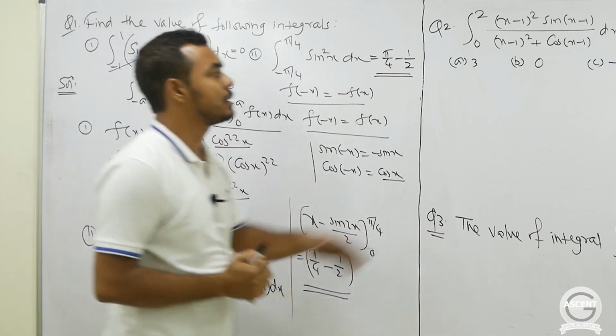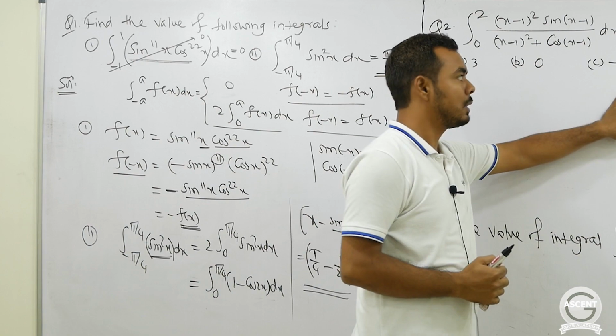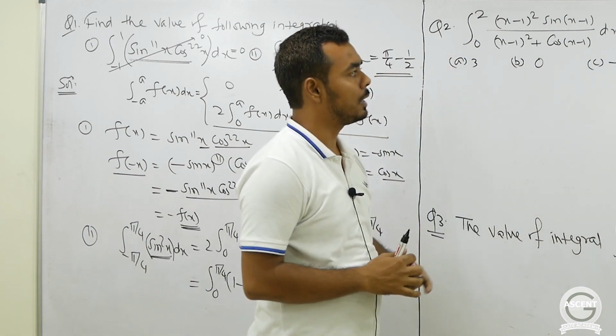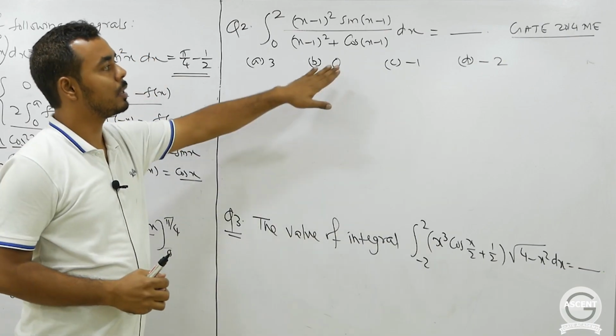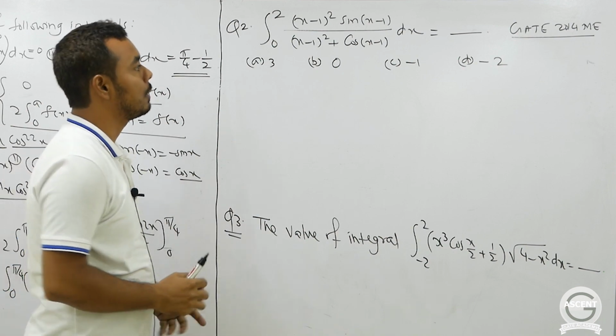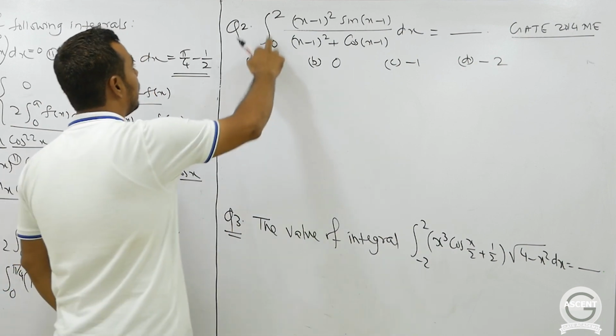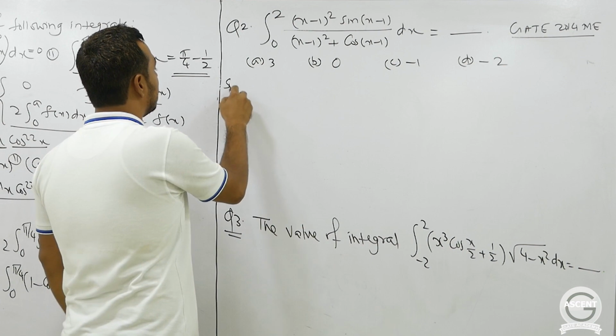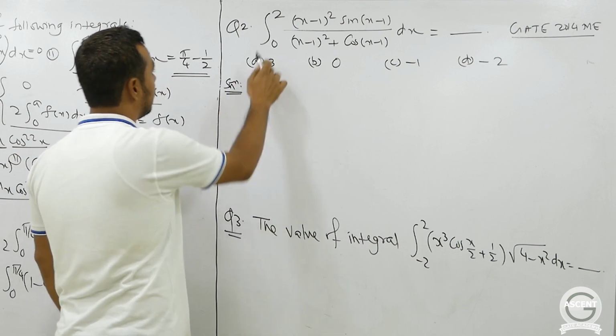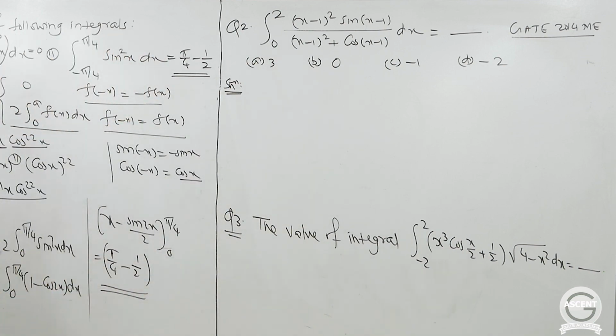The second one is a very interesting question. This was first asked in IIT JEE in the early 90s, and then the same problem was repeated in GATE 2014 in mechanical. So the question is, we have to evaluate this limit. Now if you see here, the limit is not from minus a to plus a.